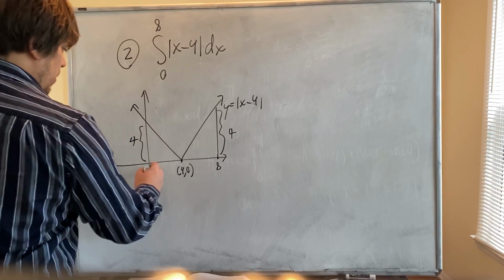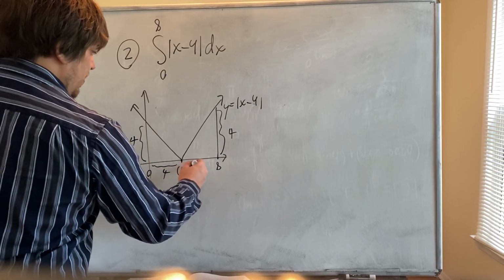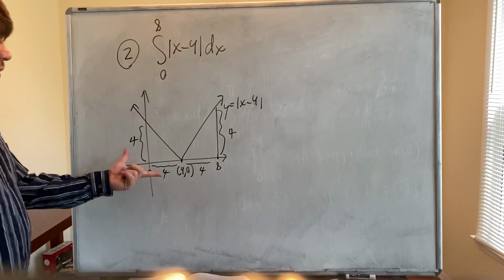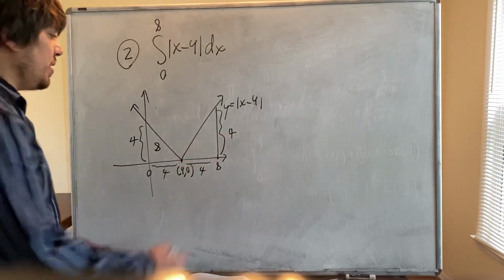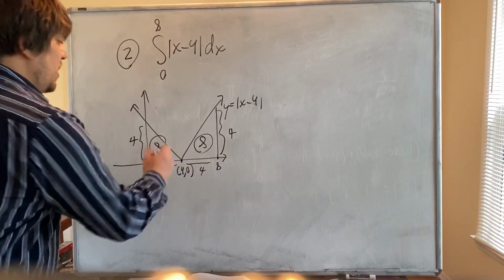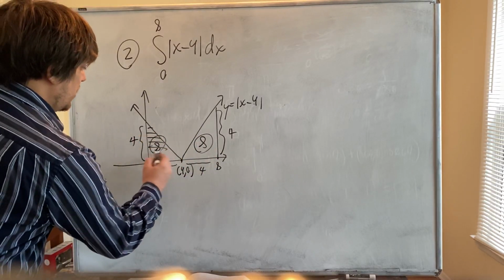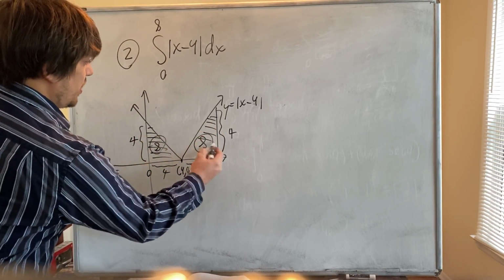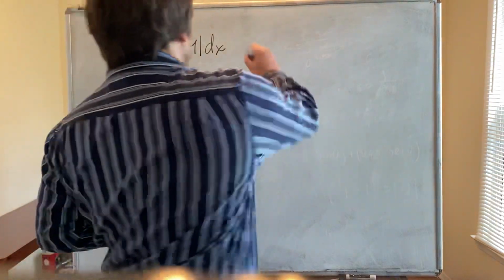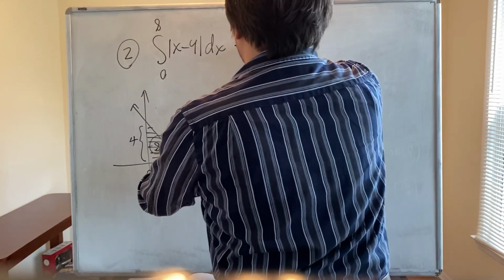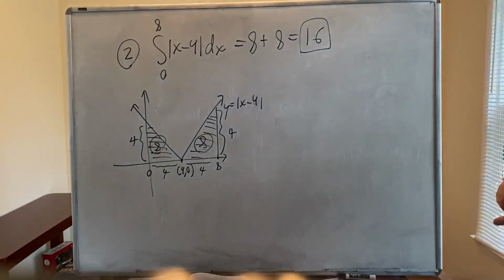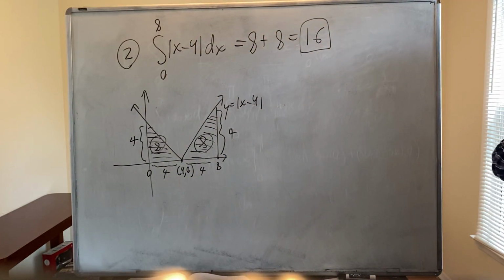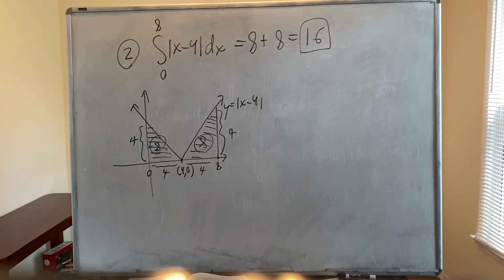Using one half base times height, the area of each triangle is 8. And so that definite integral is the area of this triangle, which is 8, plus the area of that triangle, which is 8. And so you get 16. That definite integral is equal to 16, interpreting it in terms of areas.